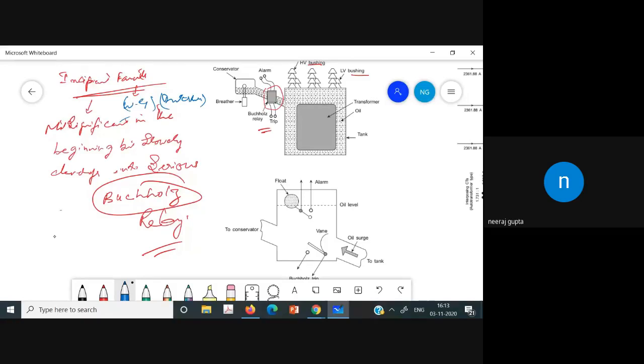So there is severe heating in the transformer, as we have discussed. In case of the interturn fault, hot spots are generated. When the severe heating is there, the gases are liberated from the oil at around 350 degrees. When the temperature reaches 350, the gases are liberated.